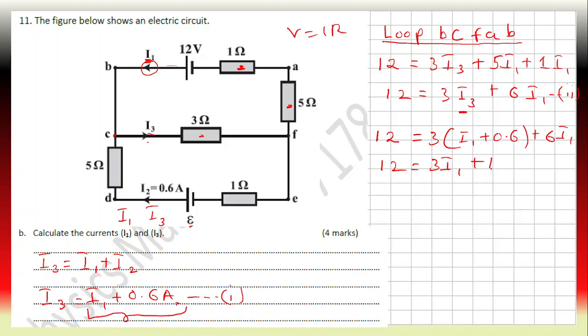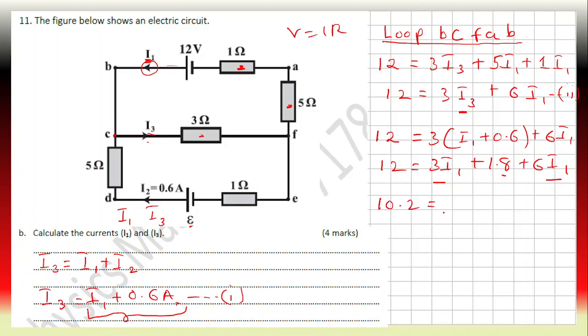So here you get 1.8, then plus 6I1. We have 6I1, we have 3I1. These are like terms. And this 1.8 is a whole number, and we have 12 here. So we can move the 1.8 to the other side. If we move it, we'll have 12 minus the 1.8. You'll get 10.2. So this side we have 10.2 is equal to.